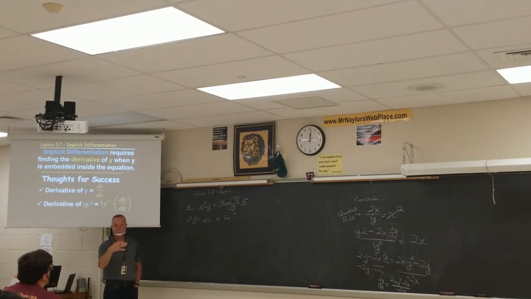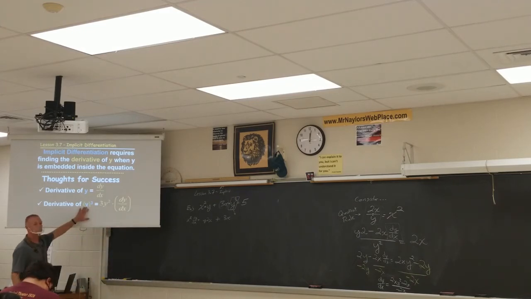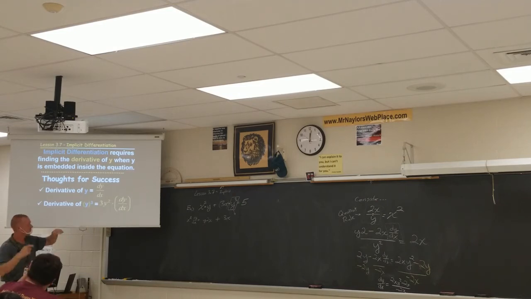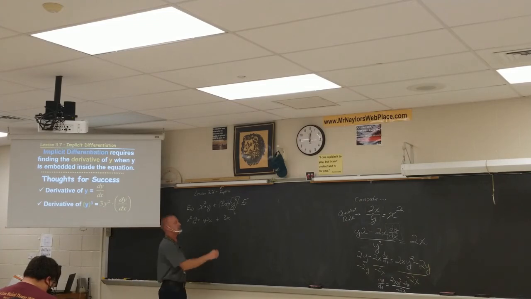This is the new idea for this section. The derivative of y cubed is actually right up here, but you have to think inside, outside. Whenever you have a y, you think derivative of the outside with the inside left alone.